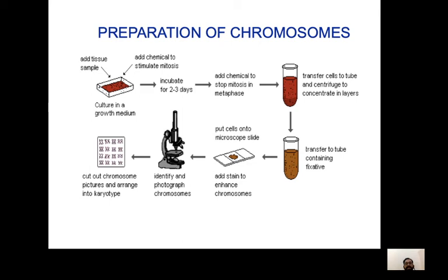You can add certain stains to enhance the chromosome visibility, and under the microscope we can see the chromosomes, and with the help of the computer connected to the microscope we can see the pictures of the chromosomes.